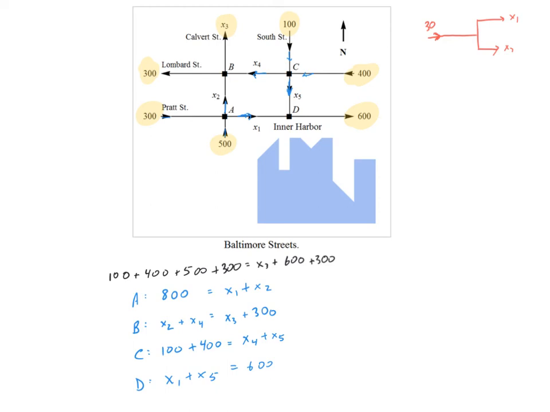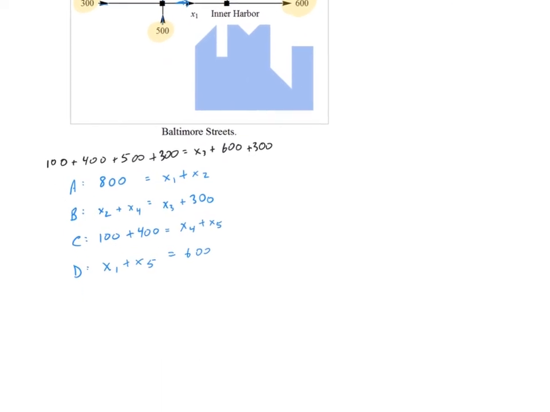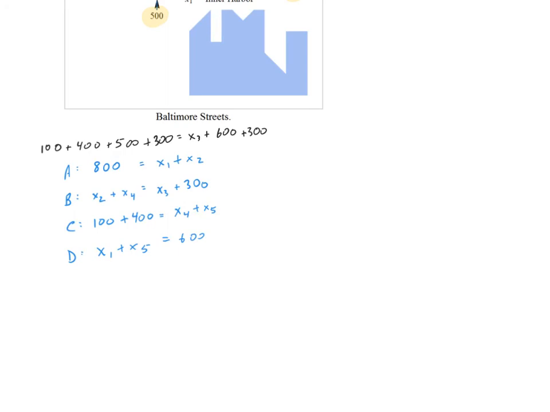So our next step is to take these 5 equations and write them in a way that looks more familiar. So I'm going to draw a little arrow over here. The top equation simplifies to x3 is equal to, let's see, what does it end up as? 400, I think. Yes, 400. x3 is equal to 400. The A equation, x1 plus x2 is equal to 800.